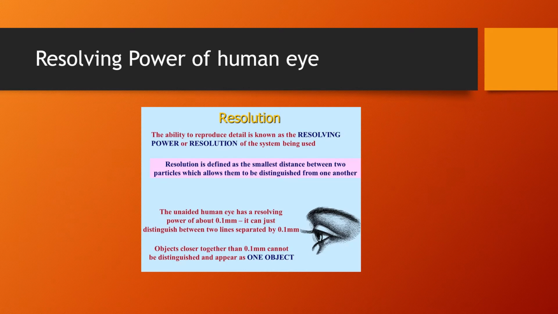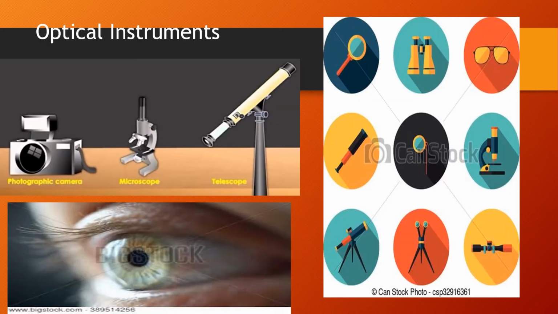Resolving power of the human eye can also be called resolution. Resolution is defined as the smallest distance between two particles which allows them to be distinguished from one another. Here you can see different optical instruments.